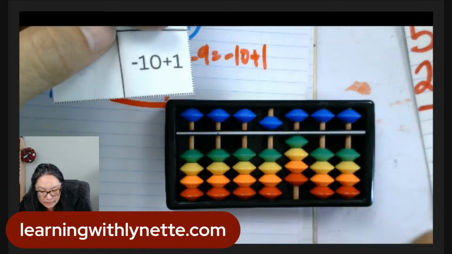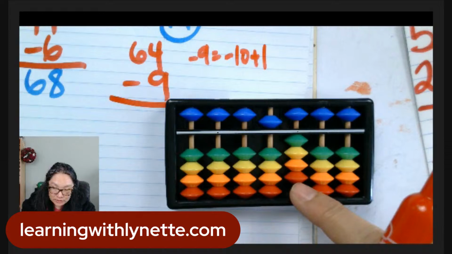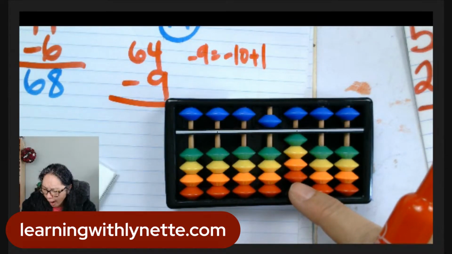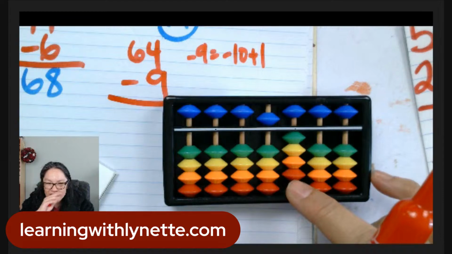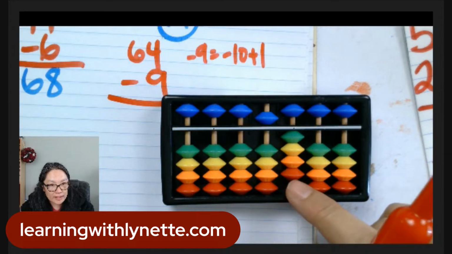We're going to minus the 10. We're going to add the 1. I cannot add the 1. How do I add the 1? What formula do I need to add the 1?